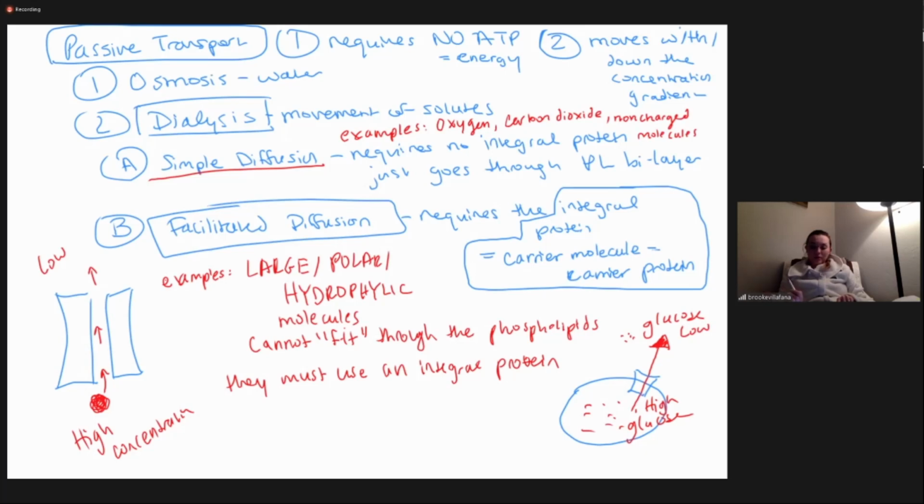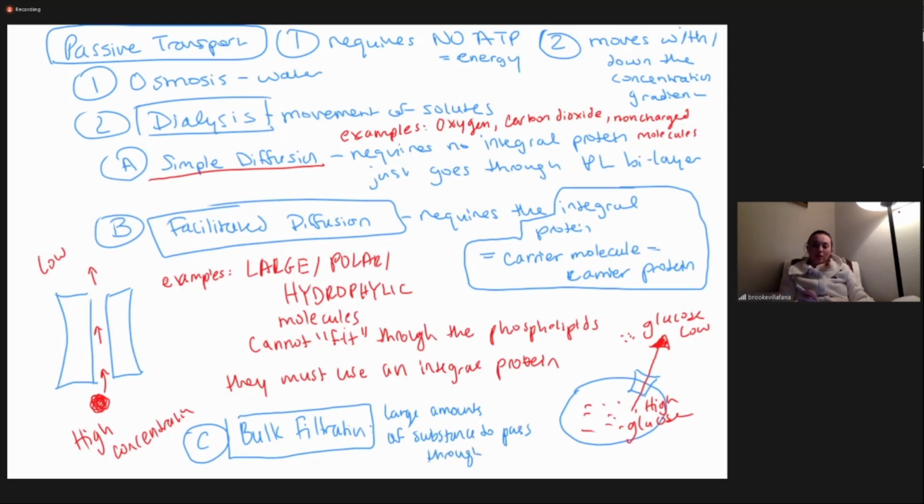Good. Our last example of passive transport is very simple. It's just called bulk filtration. There's not a whole lot you need to be aware of for the test. Just know this allows large amounts of substance to pass through.